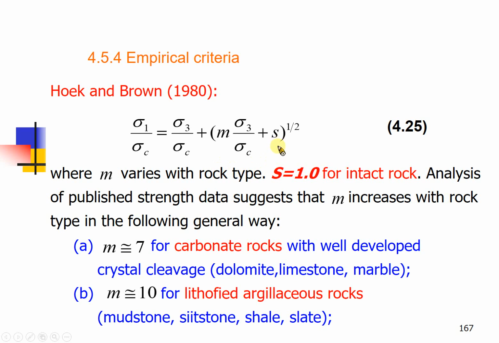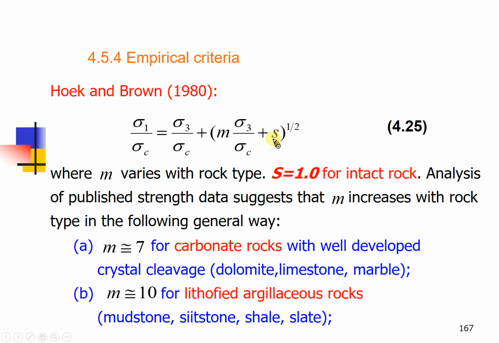If you carefully examine this equation, you will find s is highly related to the intercept of the failure envelope. If s equals 0, it means you will have no intercept on the vertical axis. Understand?